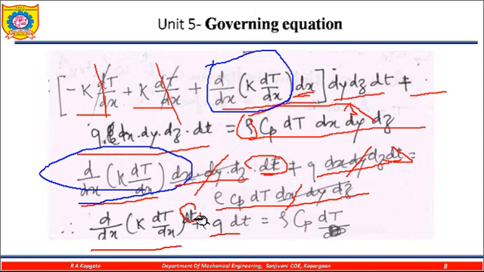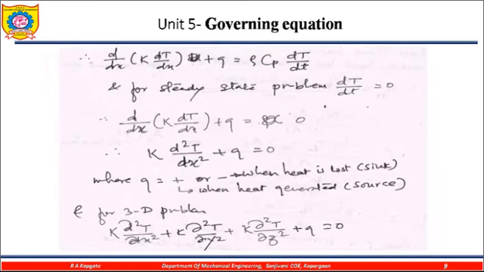Now here the dt is the same, so these terms are combined, and if we transfer this dt here, then that is the temperature gradient. So in the next step, what we have done is d by dx of k into dt by dx plus q is equal to rho into cp into dT by dt.